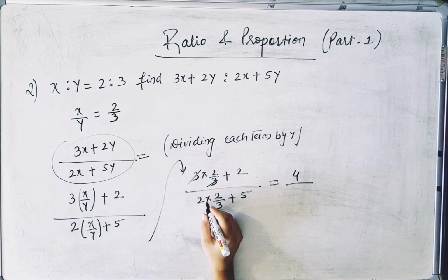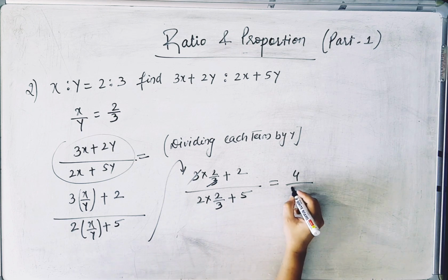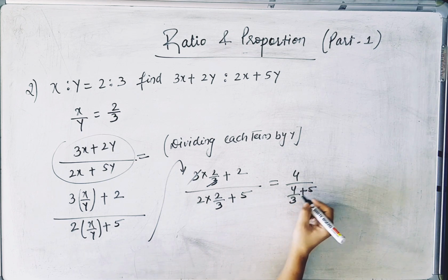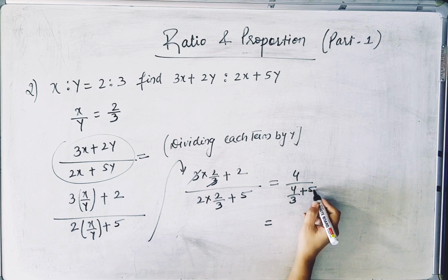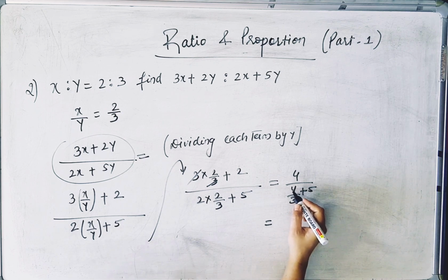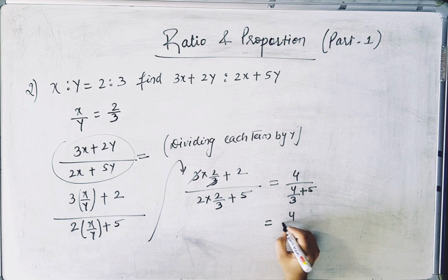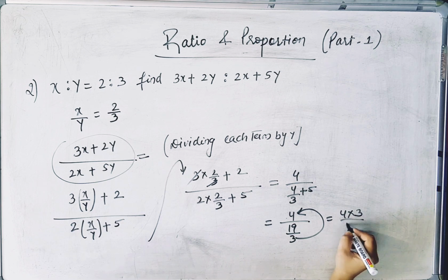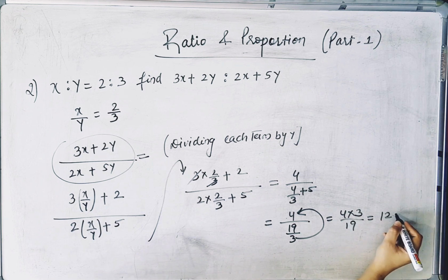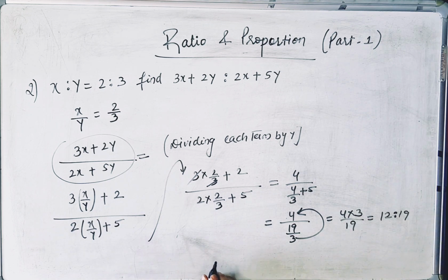Similarly here, 4 by 3 plus 5. We'll take out the LCM, so we get 3 into 5, 15. 15 plus 4, 19. So we'll get 19 by 3. This 3 will be shifted here. So 4 into 3 by 19, that is 12 is to 19.